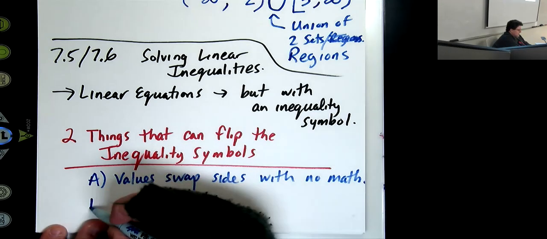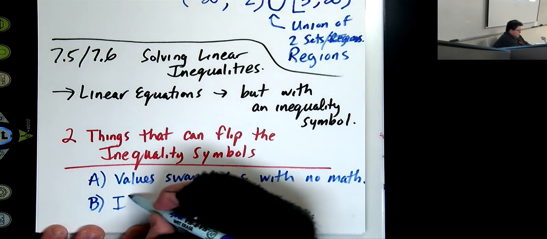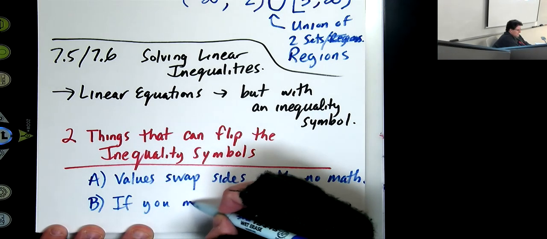The second one is if you multiply or divide by a negative number.